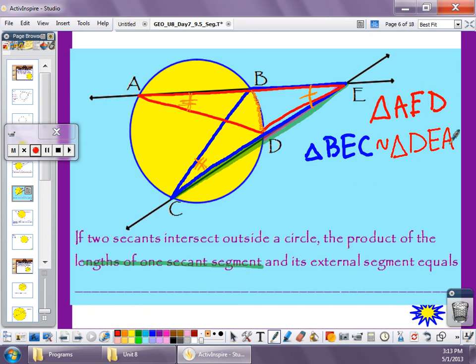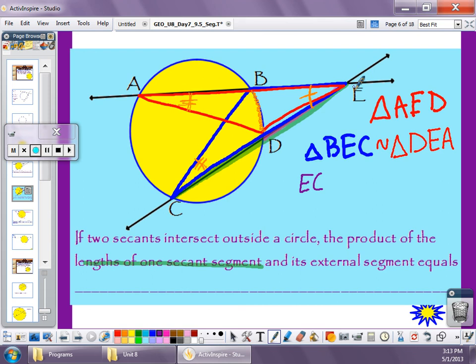So here's what I'm going to do. I still have to find out what I'm looking for. So I'm going to compare CE of the blue triangle. I'll write it in blue. Well, we'll do EC. That is the length of one secant segment, C to E, and I'm comparing it with the external segment.